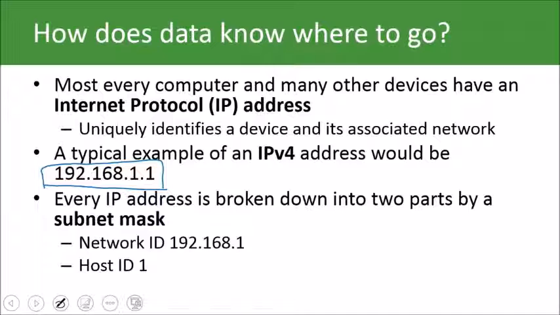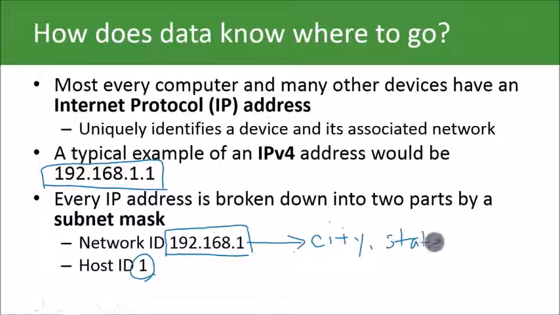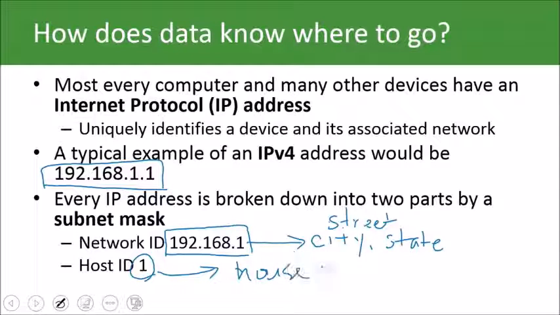We have a network ID portion, which is 192.168.1, and then the host ID, which is 1. Think of the network ID as like your city and state, maybe your street name, and the host ID as like your house number.